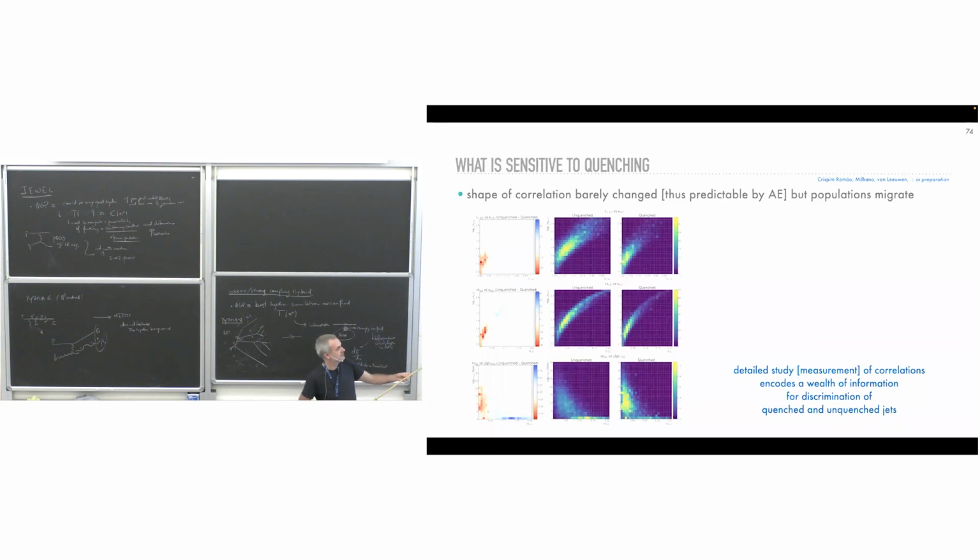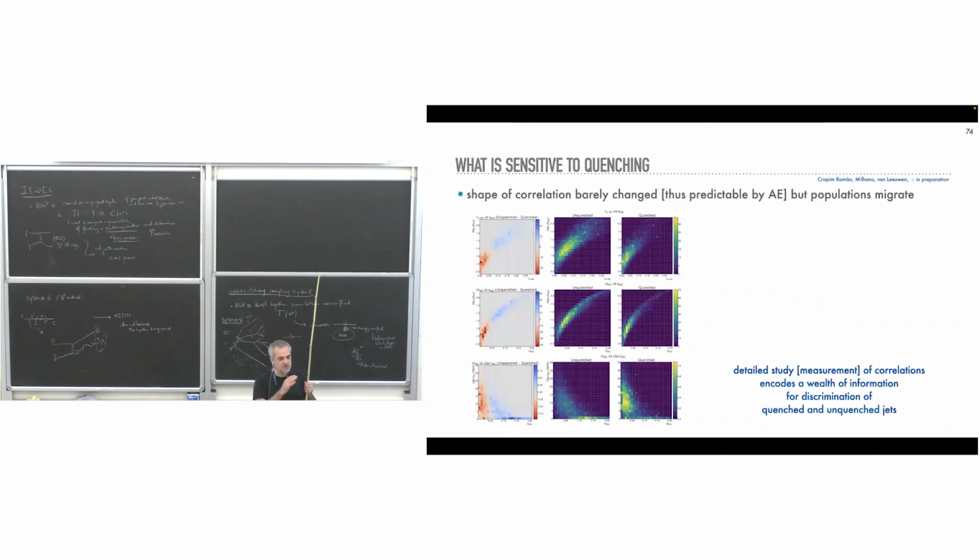And what changes is how this is populated by the 2 samples. Even here, that looks like a blob. The blob is the same, but there is a migration of what is important in one case and the other. There are also some cases where these correlations are completely broken. So looking at those correlations is very sensitive to QGP effects.